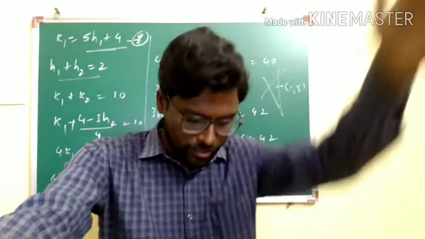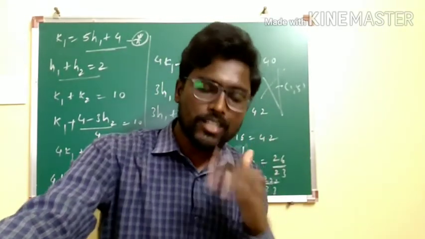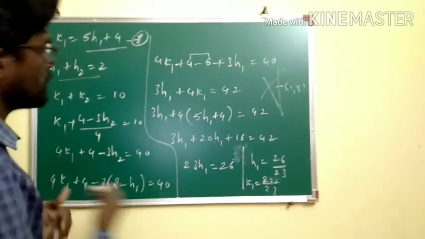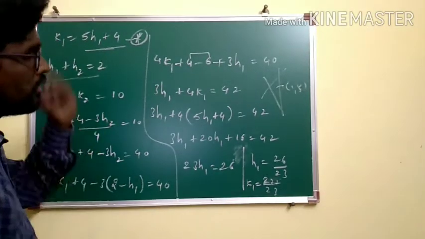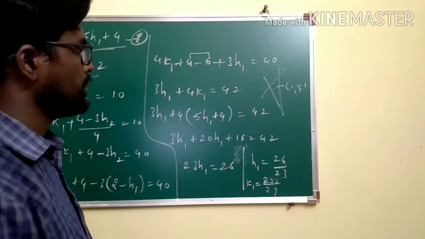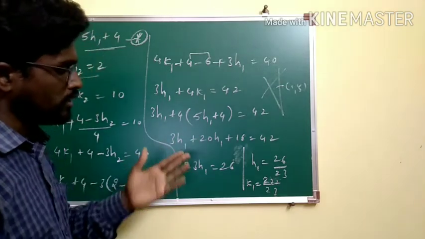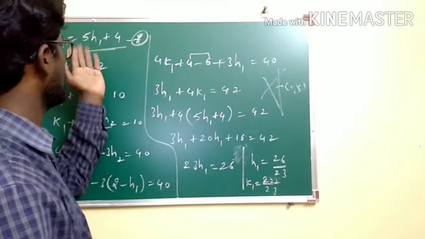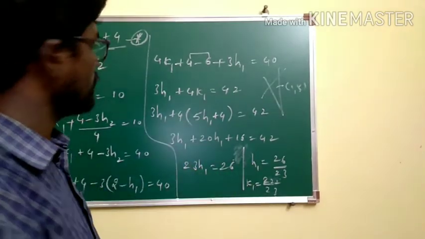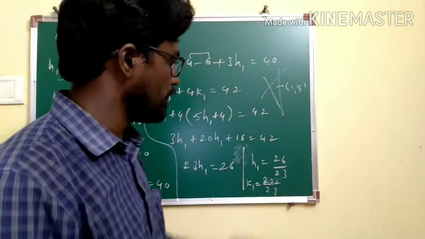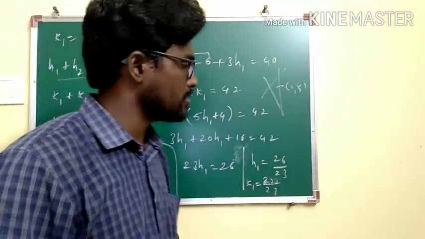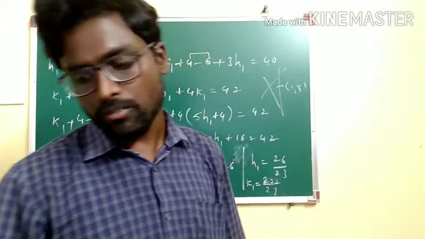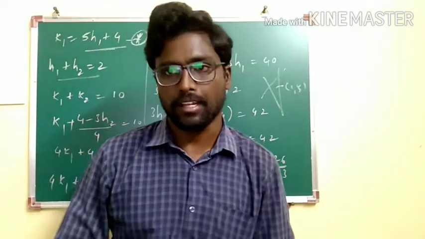So using these three equations, I made the subject to get two linear equations in h1 comma k1, so that I am solving the two equations. I could obtain h1, and substituting that h1 in this equation, I can get k1 as 222 by 23. So on getting this h1 k1, as 1 comma 5 is already there, using the two-point formula we can get the equation of the line.